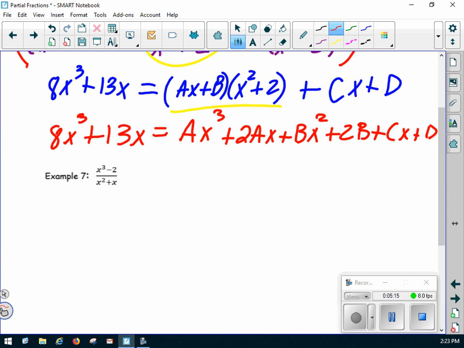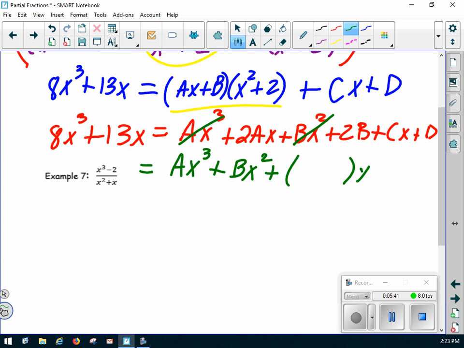What do you want to do on the right side of the equation? You bet. So we're going to group our like terms. So let's try to do this in some organized manner. ax to the third plus bx squared. Good.